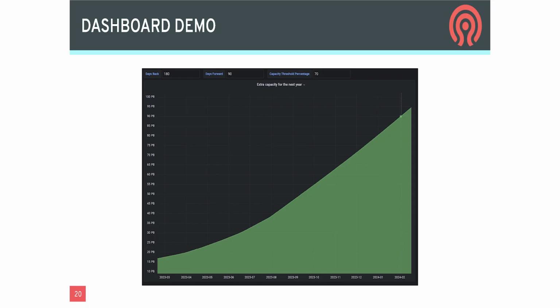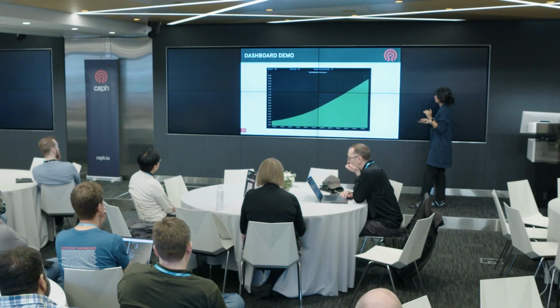And looking forward to the next year, we can have this graph to see the total extra capacity needed for all the clusters that report, and we can choose the threshold to look at.